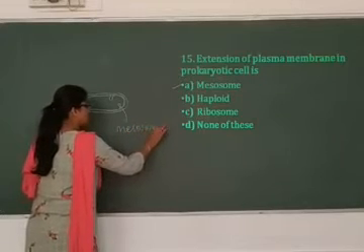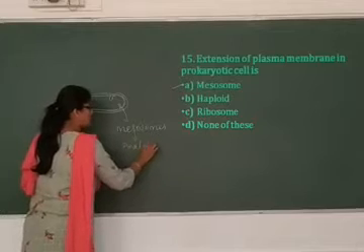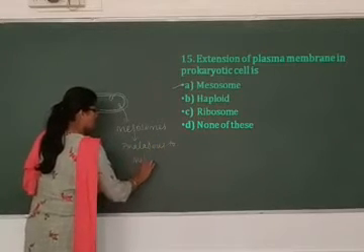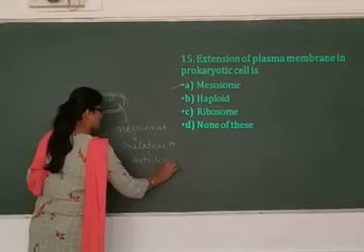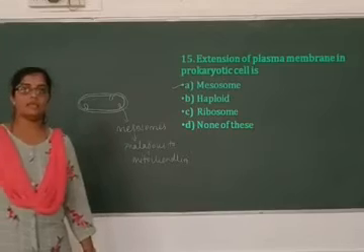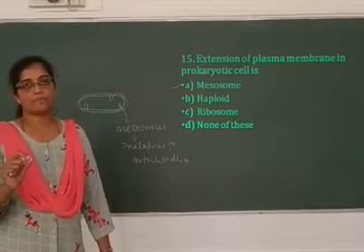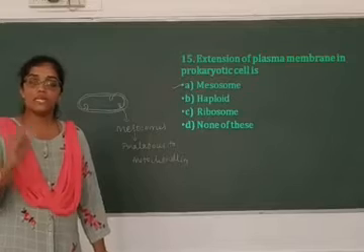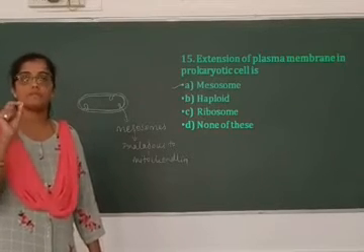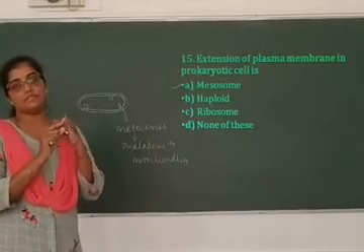mesosomes. These mesosomes are considered analogous to mitochondria of higher organisms, because these regions are rich in respiratory enzymes. Many respiratory enzymes are present on the mesosomes. Mesosomes also help in cell division.